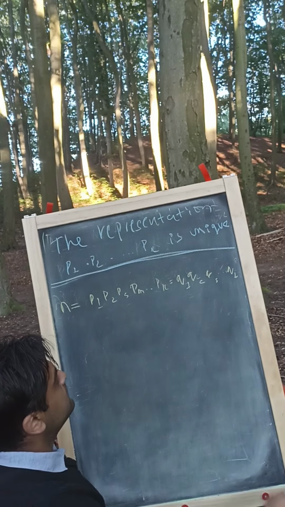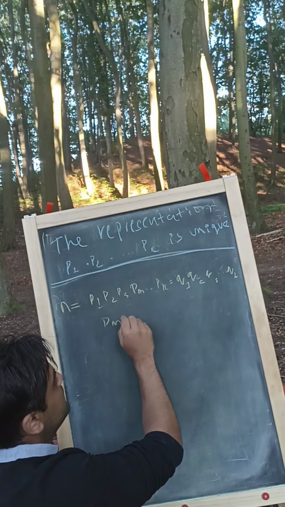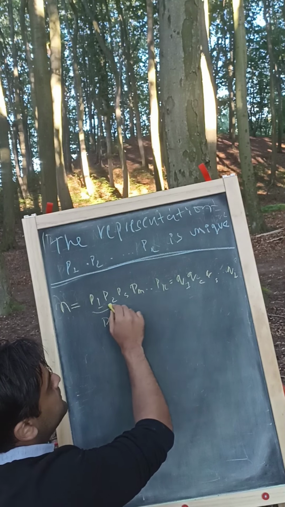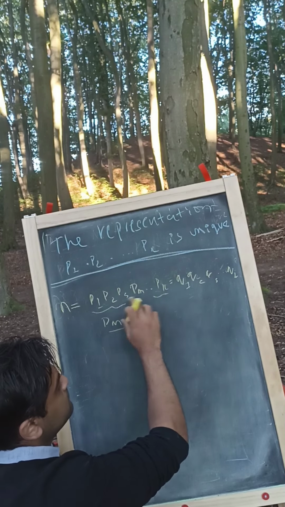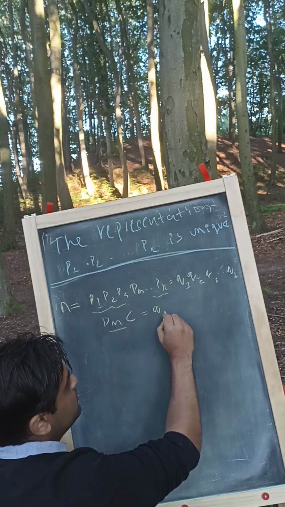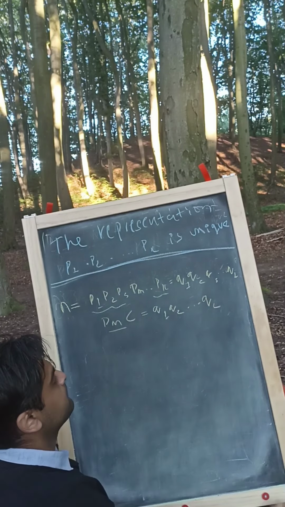And we know that we can rewrite this thing now as Pm times C. Basically we take Pm and we multiply all of the other numbers with themselves, and we get that that is equal to Q1, Q2 all the way up till Ql.